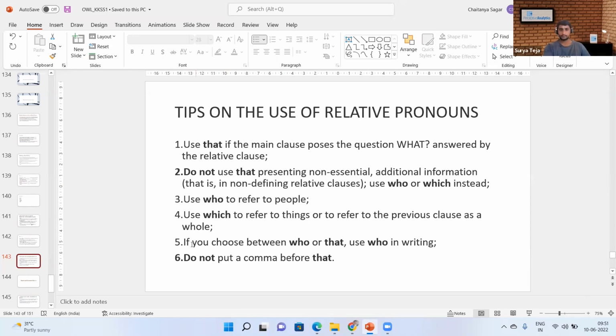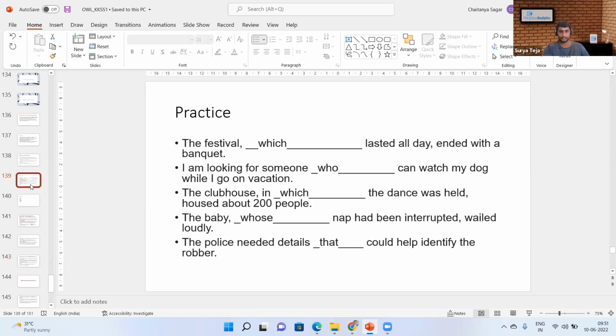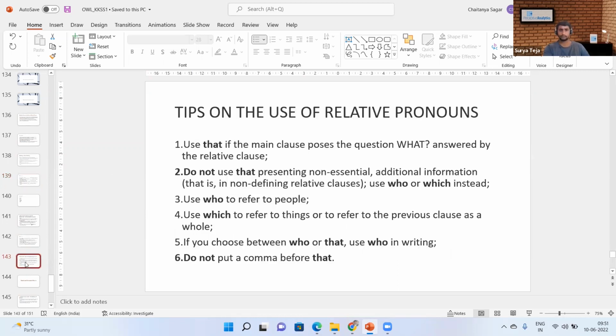And if we have to choose between who or that, in case it is writing, use who, because you are referring to people. Sometimes that is used for referring to people also, if you see the police in that example or the other one. Usually in certain cases that would be used for the person as well.